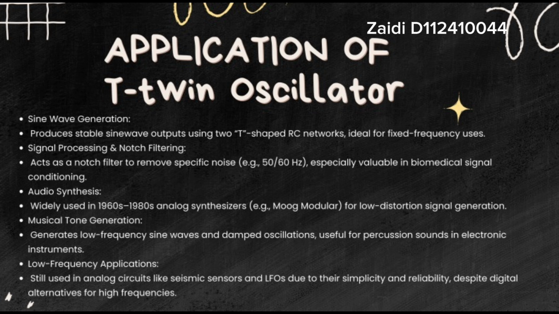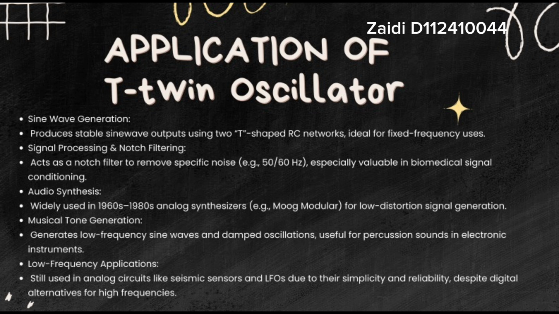Between the 1960s and 1980s, twin-T oscillators were also central to analog synthesizers like the famous modular. Their low distortion made them ideal for generating clean audio signals.